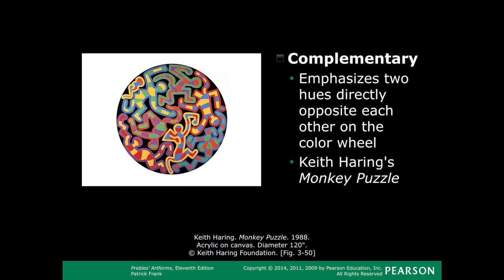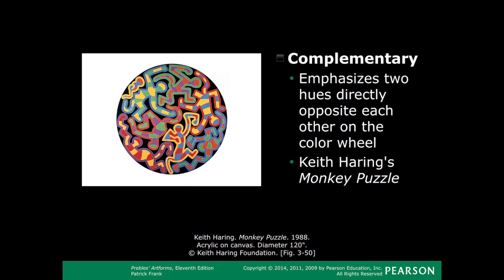You'll hear this term used a lot when it comes to the color wheel, complementary, when the colors are opposites of each other on the color wheel. They are called complementary. So this example here, Keith Haring, Monkey Puzzle, he puts a lot of the complementary colors together. So there is a purple outline on a design that has yellow on it.